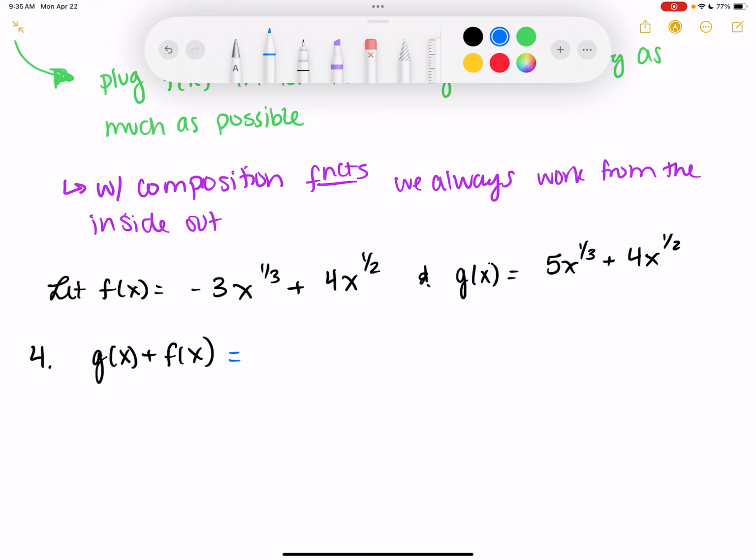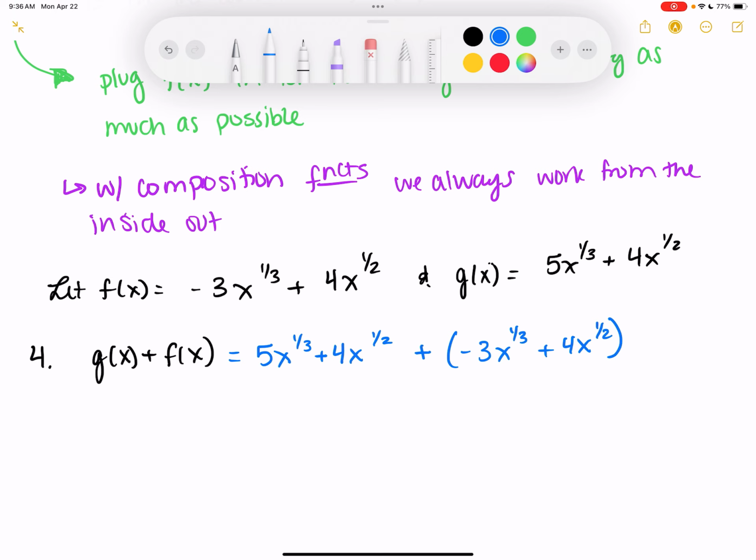So I've got 5x^(1/3) plus 4x^(1/2), plus, and I'm going to write it this way just so we can see it, negative 3x^(1/3) plus 4x^(1/2). Since things are just being added, it's just whatever sign is already on it. So I could eliminate the parentheses and even the positive sign. But on the negative ones, where it's subtracting, I would need to write it this way so that I get my signs correct. So combine like terms.